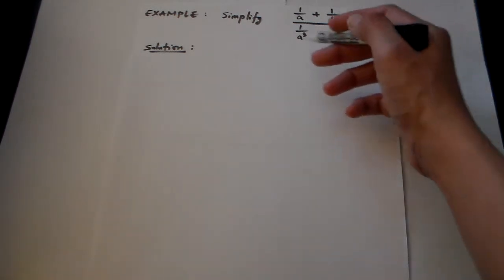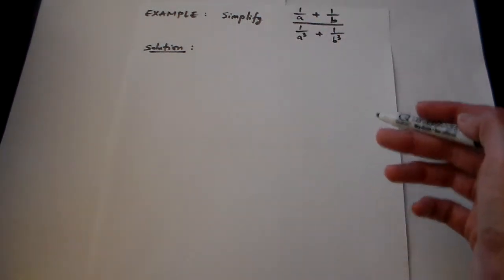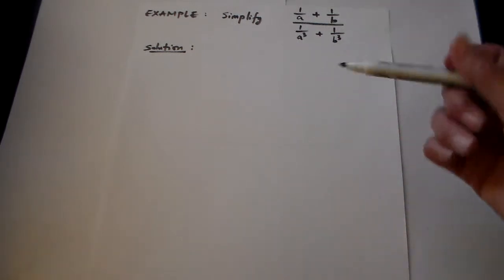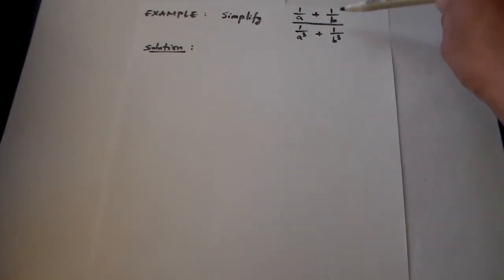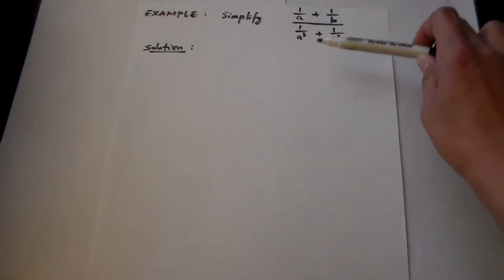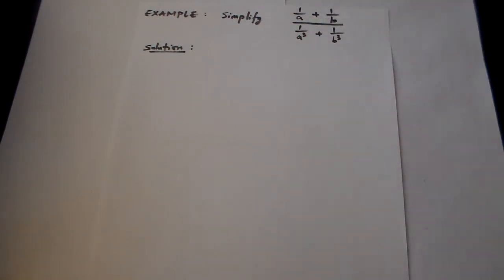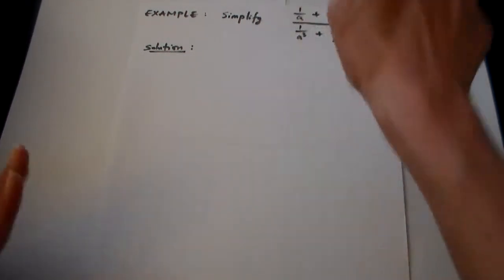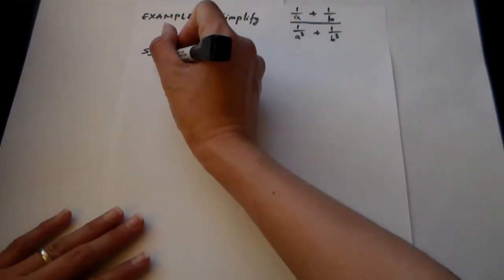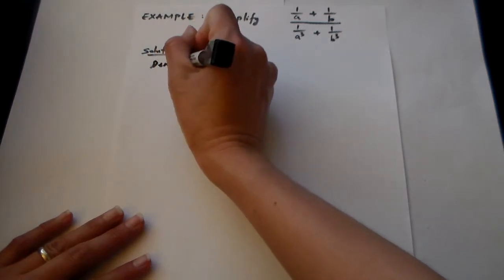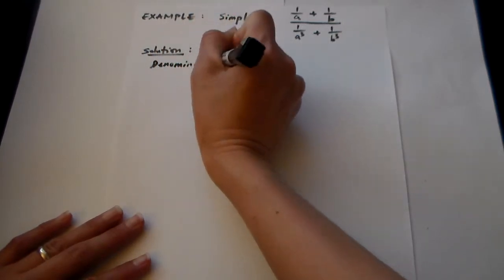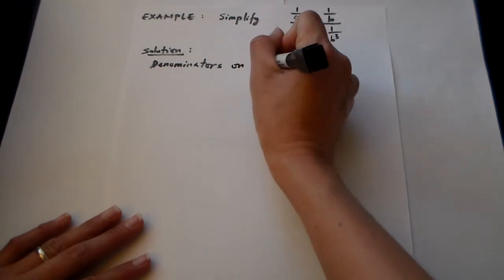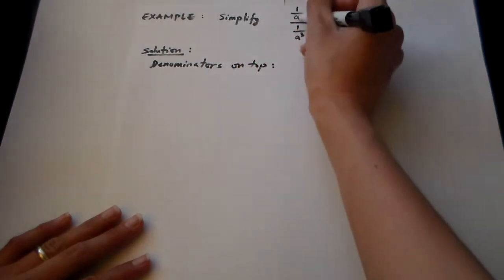Alright, to simplify this complex rational expression, we need to find the LCM, the least common multiple of the denominators in the top part and the denominators of the bottom part. So let's see the denominators on top: we have a and b.